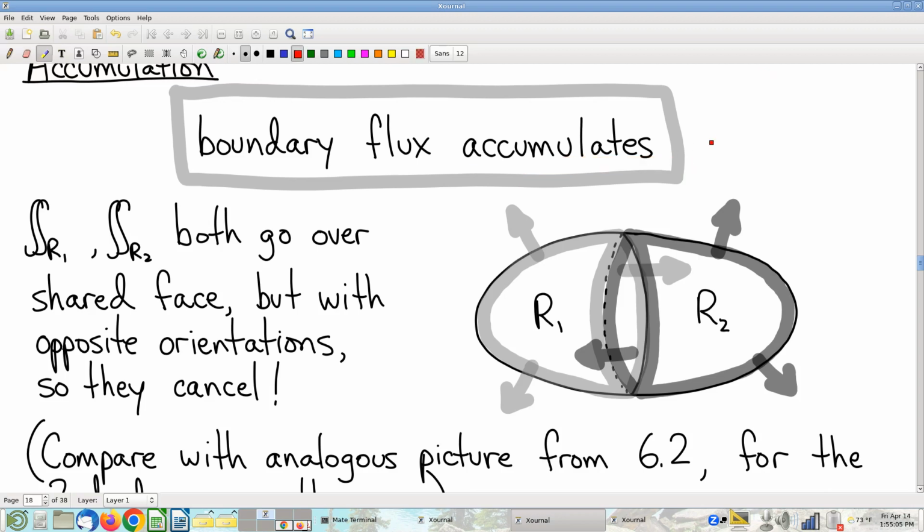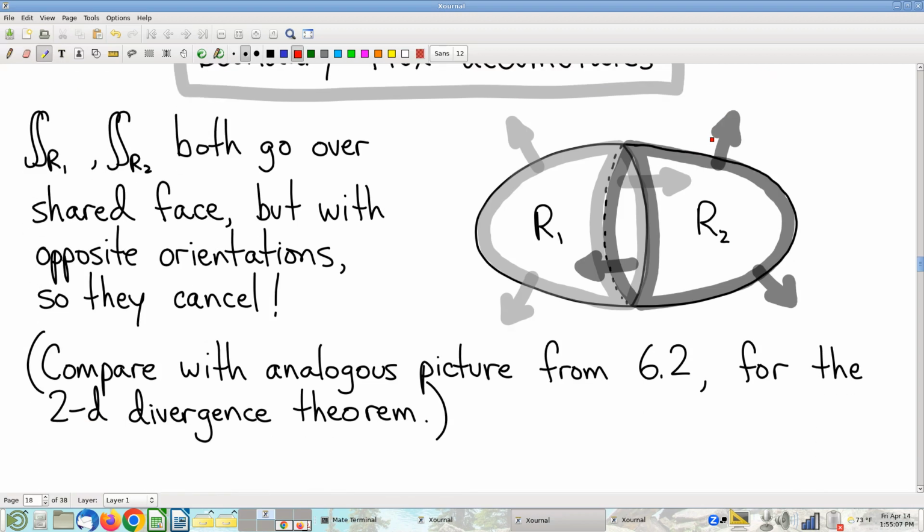Okay, so big conclusion. Now, just for comparison purposes, take a look in the notes from section 6.2 when we wrote down the two-dimensional divergence theorem, on the very next page, or maybe two pages after, I forget.